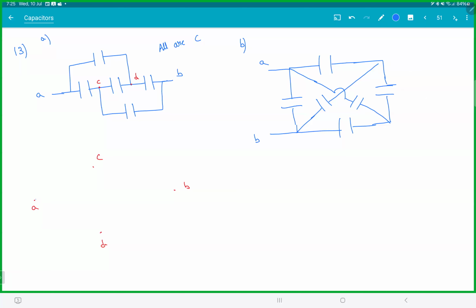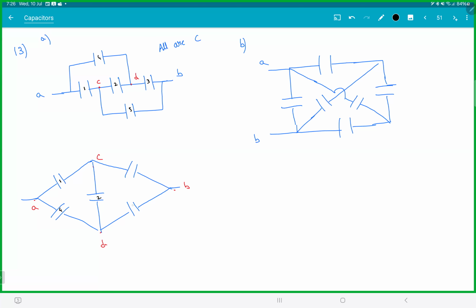There's one capacitor between A and C, one between C and D, one between D and B, one between these two, and one between these two. I'll name them: capacitor 1, 2, 3, 4, and 5. So this is capacitor 1, and the one at D is 4.